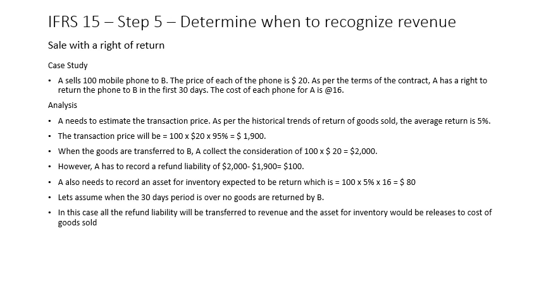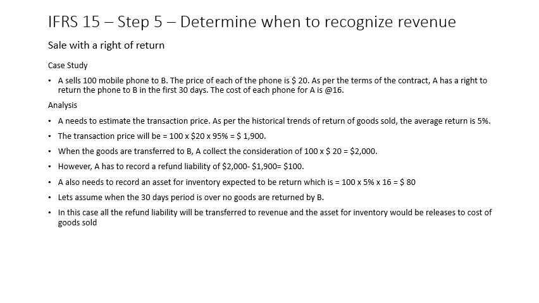Now, when A estimates the transaction price, it would estimate the transaction price as if it will transfer 95% of the goods to the customer. So the transaction price would be number of phones, which is 100 phones into $20 into 95%, that is $1,900. Now, when these goods are transferred to the customer, A would collect the consideration of $2,000.